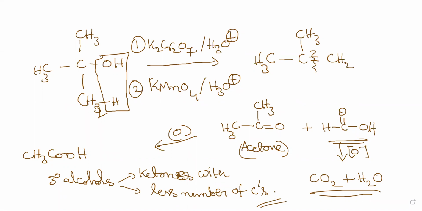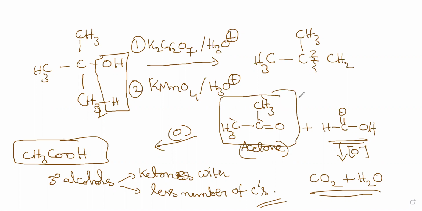Further, the ketones can also get oxidized to carboxylic acids with fewer carbons. If you check the number of carbons, this is 1, 2, 3, and when it comes to the acid, you have 2 carbons. The starting alcohol has 1, 2, 3, 4. It reduces to a ketone of 3 and an acid. You get an acid with fewer carbons. That is what happens in tertiary alcohols.